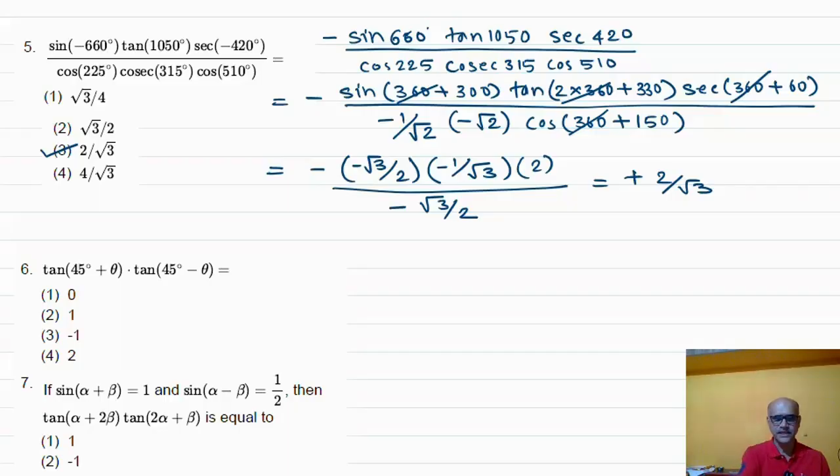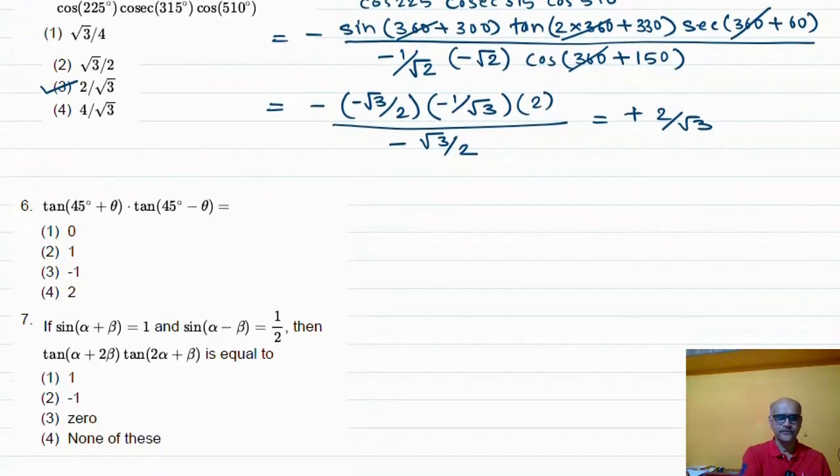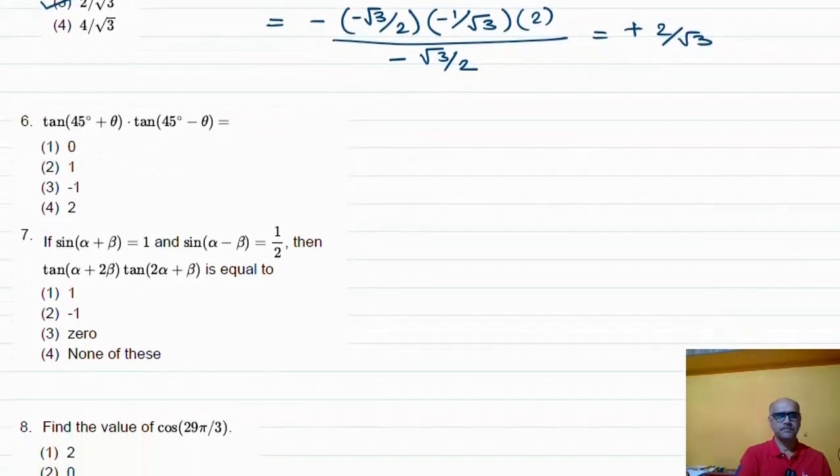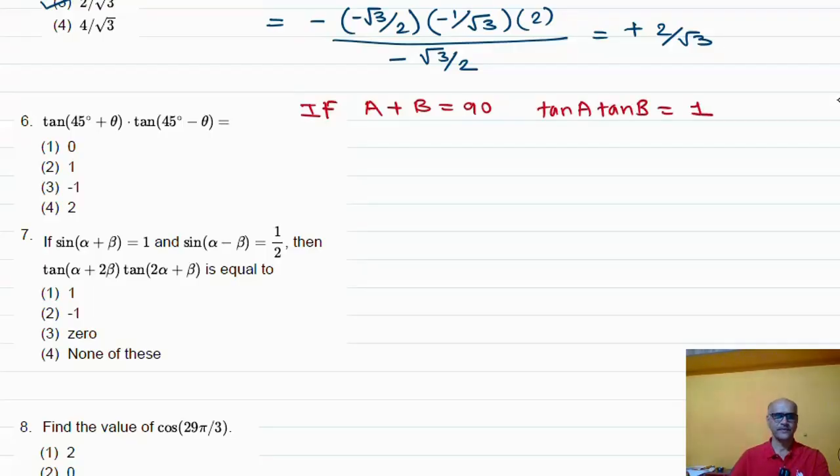Clear? Next, the sixth one. Again here you can apply a hint: tan of 45 plus theta into tan of 45 minus theta. You can apply the formula of tan a plus b, tan a minus b, as one method. Remember this hint: if a plus b is equal to 90, if you add both angles and it is 90, then tan a into tan b will be equal to 1.